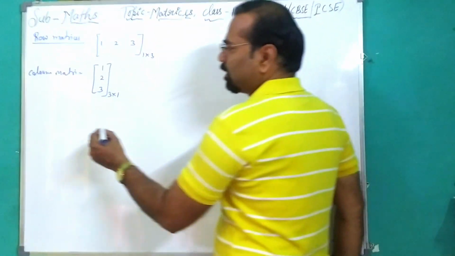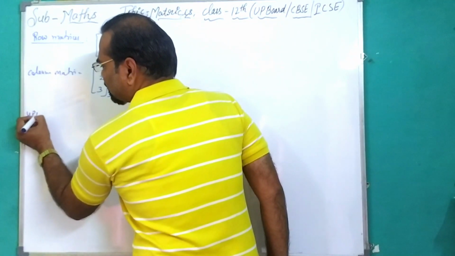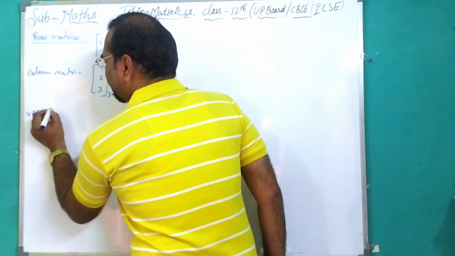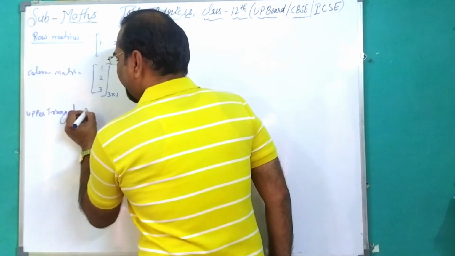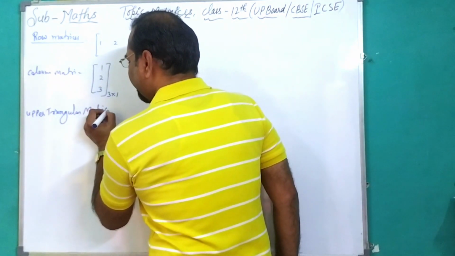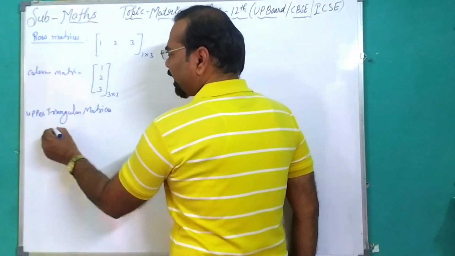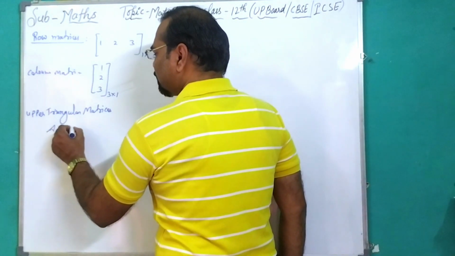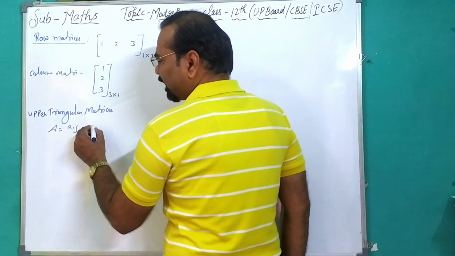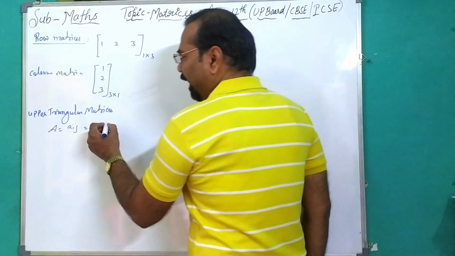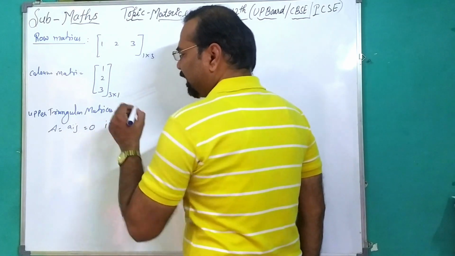Now next one is upper triangular matrices. An upper triangular matrix means a matrix A in the form of Aij where the value of Aij is equal to 0 for i greater than j.